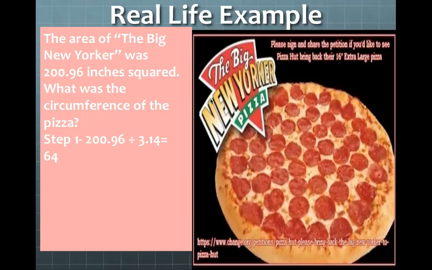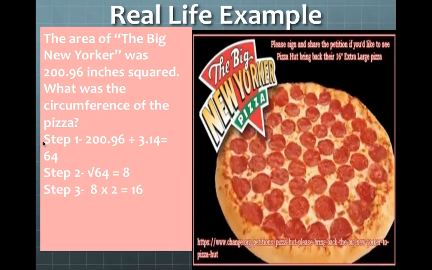What you need to do first is divide the area by pi. So you do 200.96 divided by 3.14. You get 64. And the great thing about getting 64 is it will work perfectly. It's a perfect square. So now we get the square root of 64, and it's 8. So the radius is 8.